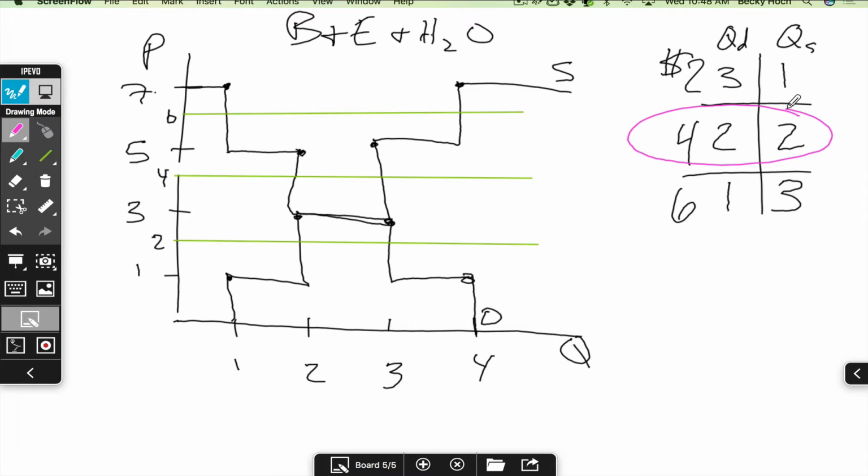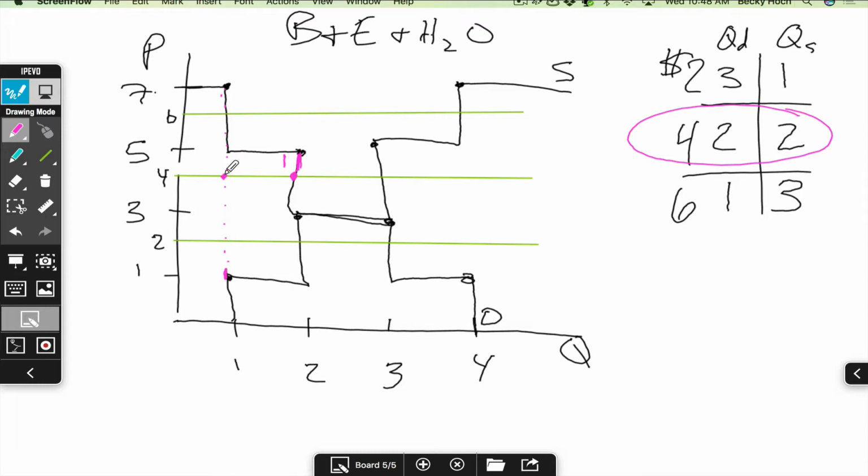So here's what I'm going to tell you to do. At a price of 4, I'm willing to buy 2. So here's where I am. My consumer surplus here is... I paid 4.